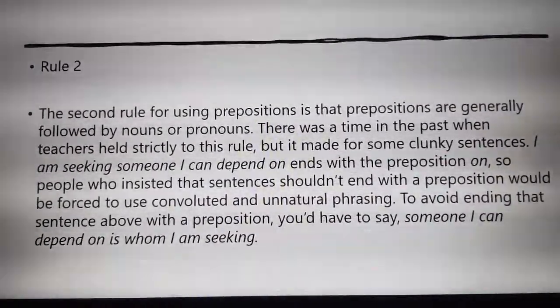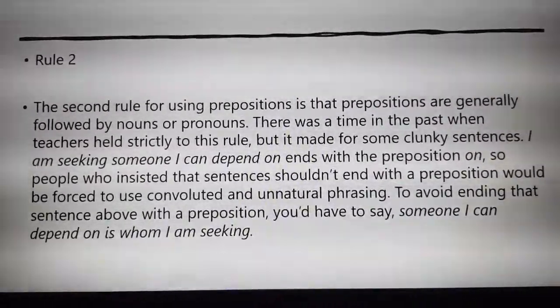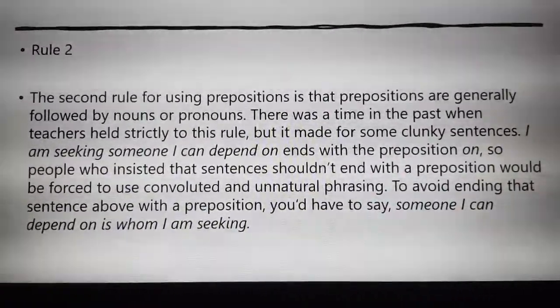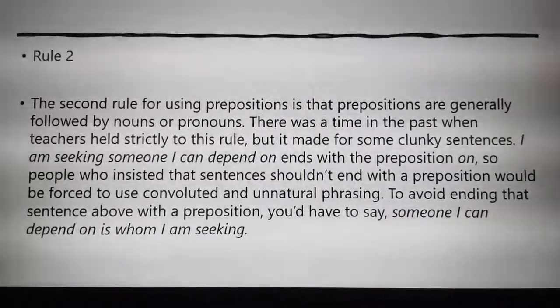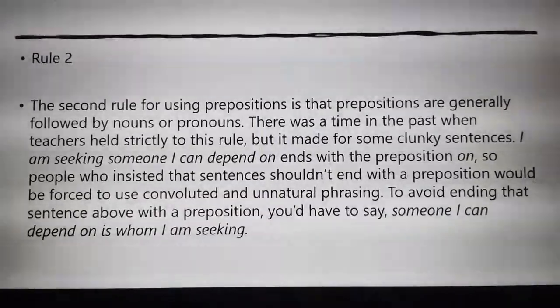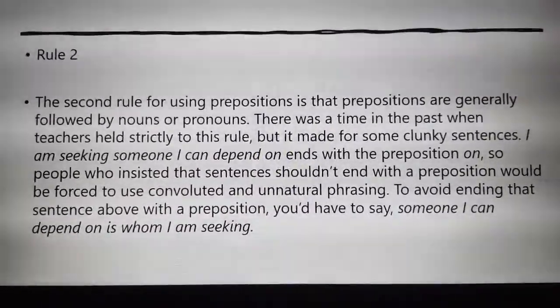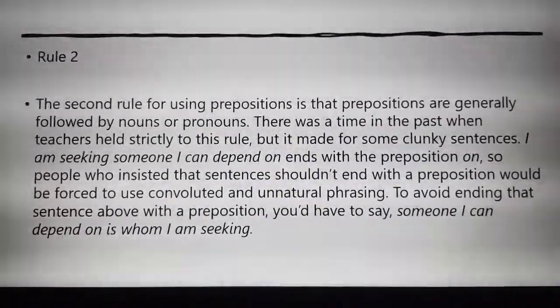The second rule for using prepositions is that prepositions are generally followed by nouns or pronouns. There was a time in the past when teachers held strictly to this rule, but it made for some clunky sentences like "I'm seeking someone I can depend on," which ends with the preposition on. People who insisted that sentences shouldn't end with a preposition would be forced to use convoluted and unnatural phrasing.